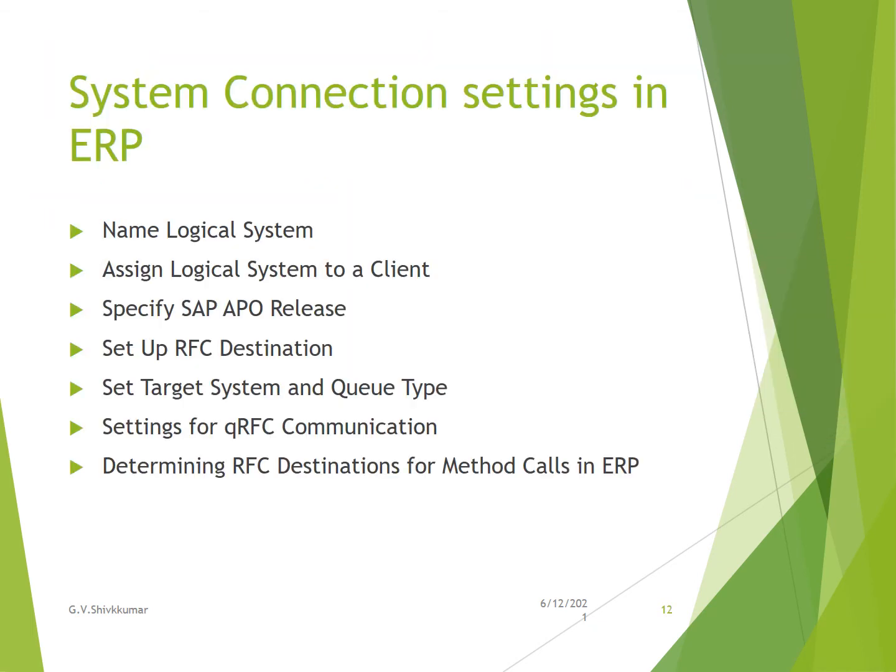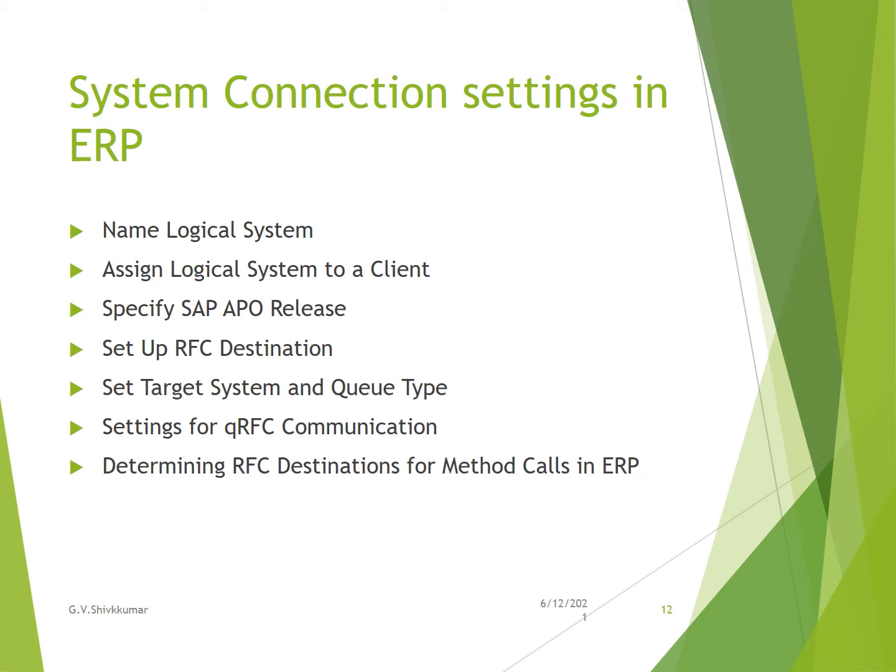So what are the different types of system connection settings in ERP? We need to define the name of the logical system as already told, and assign the logical system to the client, and specify the APO release, set up RFC destinations. I hope those who already worked in the system connection know this.